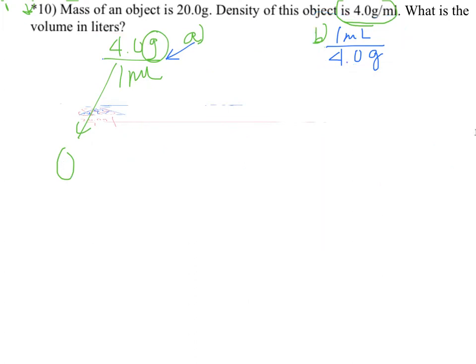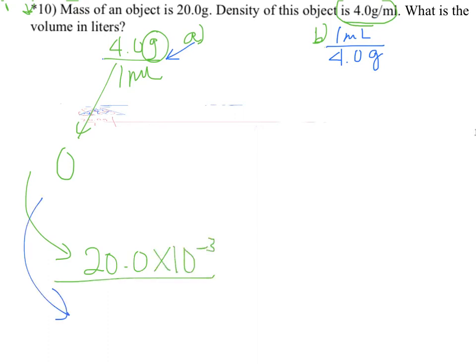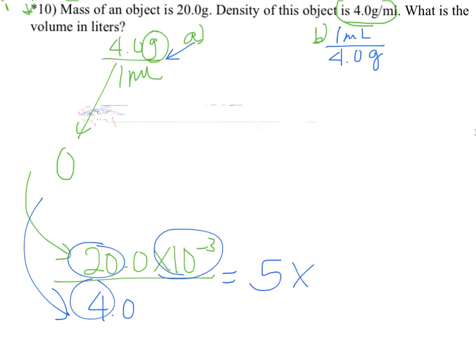Now we just have to solve straight across. At the top, I'll get 20.0 times 10 to the negative third, and just 4.0 at the bottom, which gives me 20 divided by 4, 5, keep this, so times 10 to the negative third.